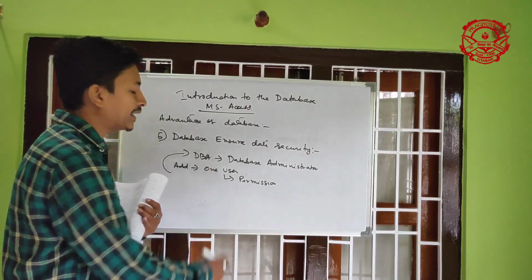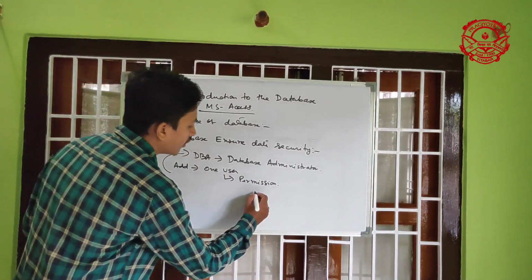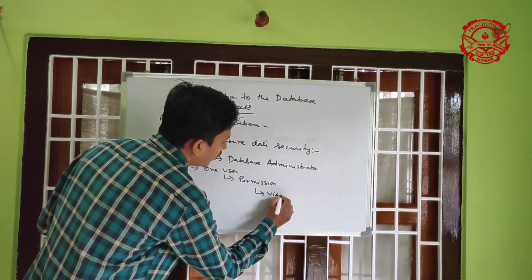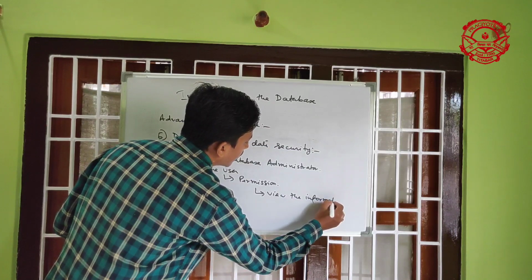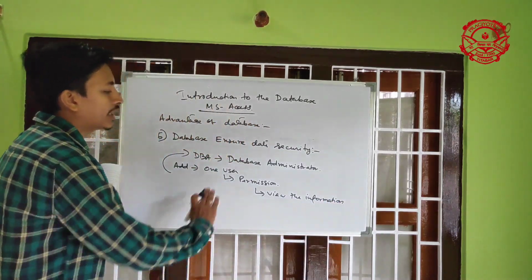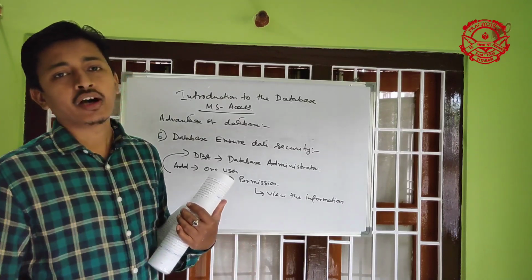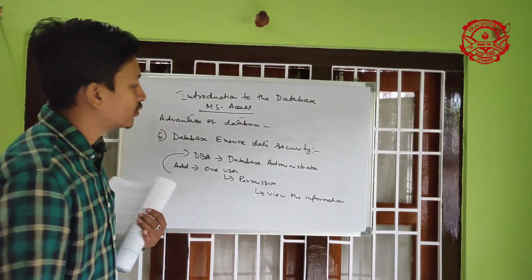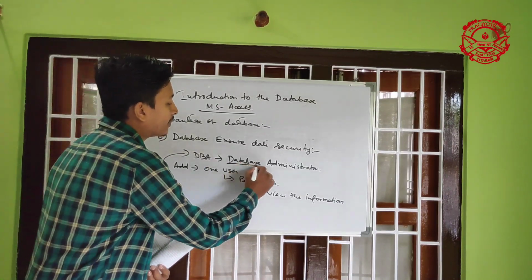He can add any user or give the permissions. A user may have permission only to view the information of the database, not to edit, not to add or write any information to the database. It will all be decided by the database administrator.